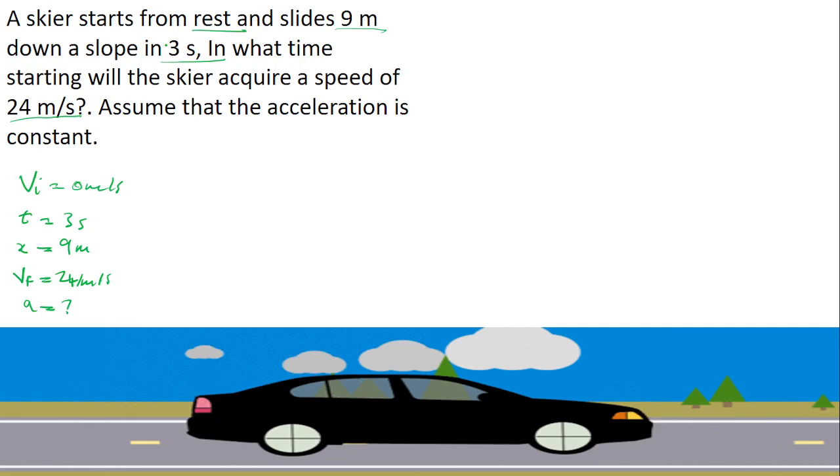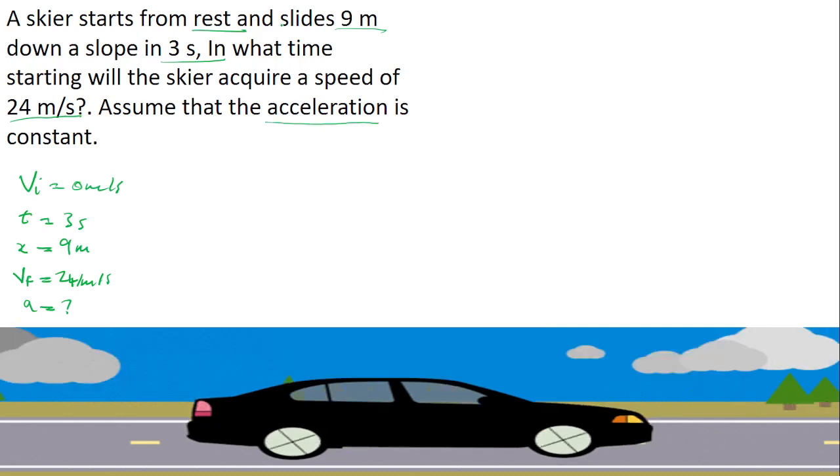Because we have been given a condition whereby this acceleration was kept constant, if we can find the acceleration within that period of 3 seconds, then we can easily work out the other time that we are now expected to find.